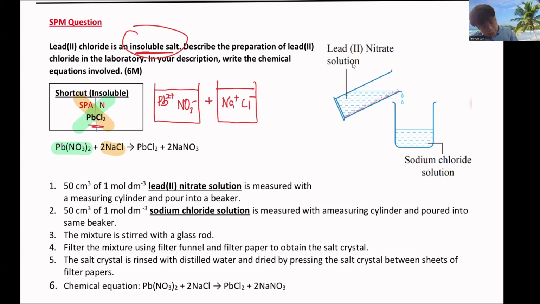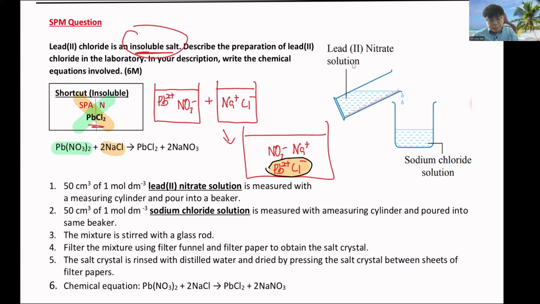So when these two chemicals, you mix them together, the Pb will meet with the Cl and become an insoluble salt. So you get this insoluble salt.